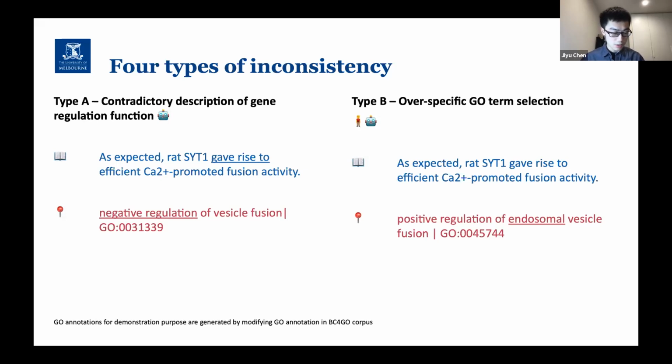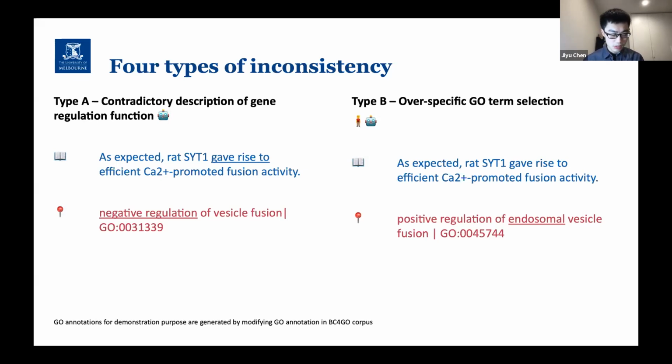The evidence in the cited publication is introducing a positive regulation of vesicle fusion, while the selected GO term for annotation is describing a negative regulation, which is contradictory to the evidence. The second type of inconsistency is confusing both humans and computers. It is inferred by a key GO curation guideline that curators need to select a GO term as specific as possible to describe gene function information, but shall not overtell the information.